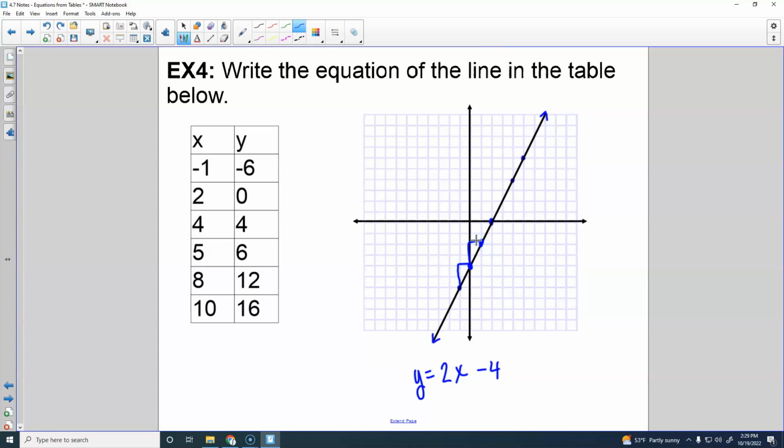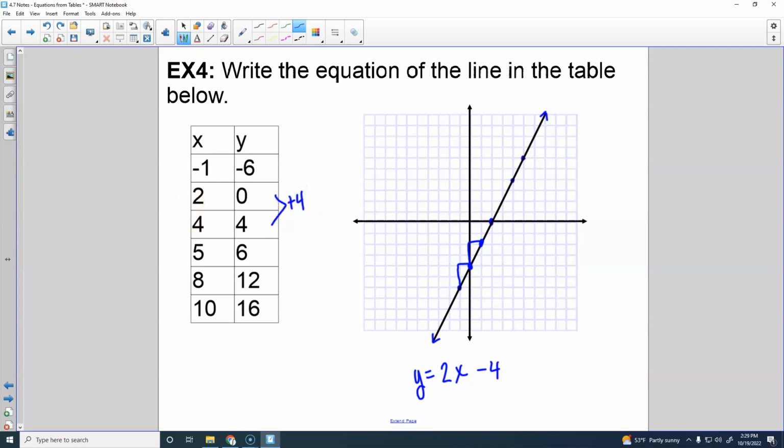If you're doing it from the table, sometimes it's hard to do with the negative numbers. Unless it's asked you if it's linear. For these, assume it is linear because it told you the equation of the line. So if you don't want to deal with that negative, go down here to some of the easier ones. From 0 to 4, what did you do?